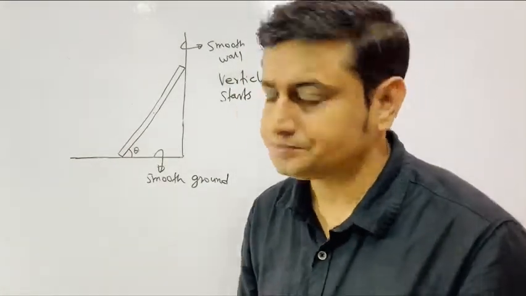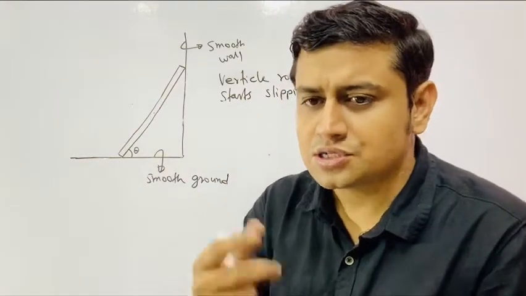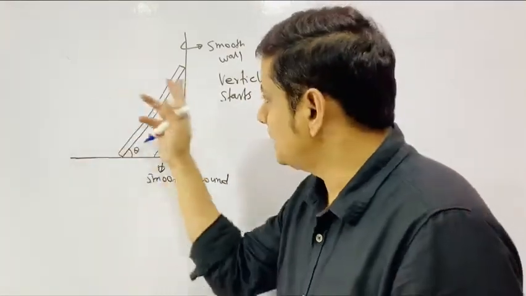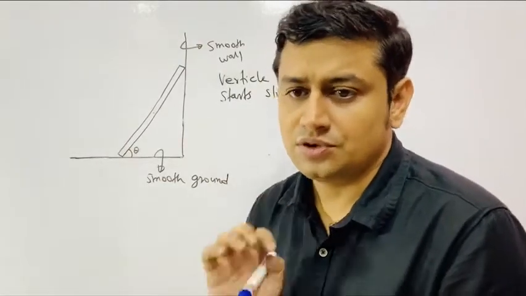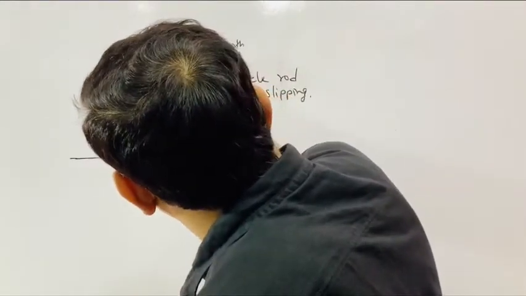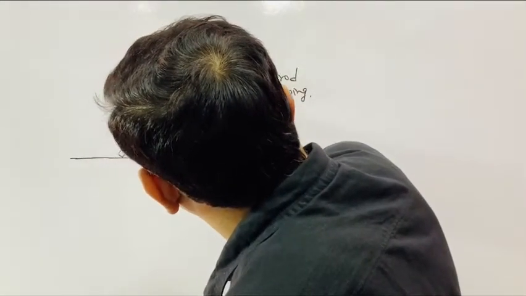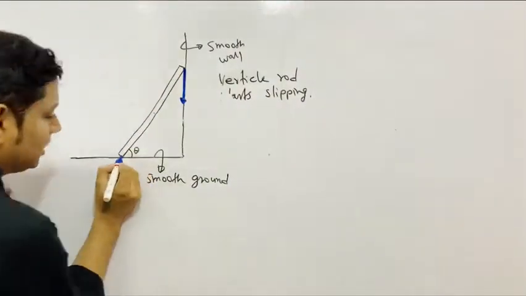Let us see how. In this entire rod, do we know the direction of velocity of any two points? Yes, we know, because this is constrained motion. This end can only move downward, and this end can only move leftward.